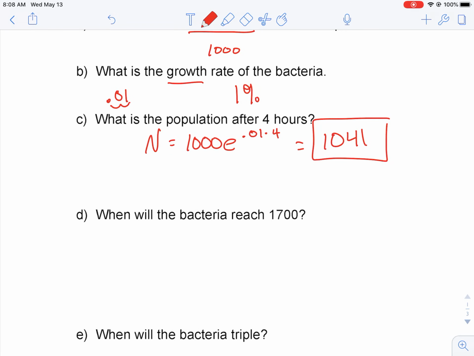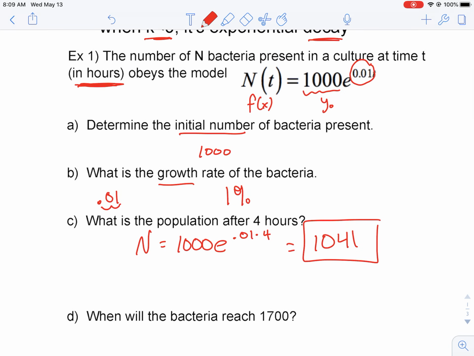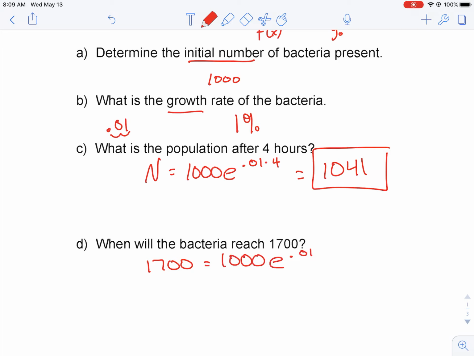Okay, the next one says, when will the bacteria reach 1700? So just like with the PERT formula, that N of t is that final amount. We want that final amount to be 1700, and that's going to be equal to 1000 e to the 0.01, and since it says when, we're looking for time, so we're going to multiply by t, because time is what we're solving for.